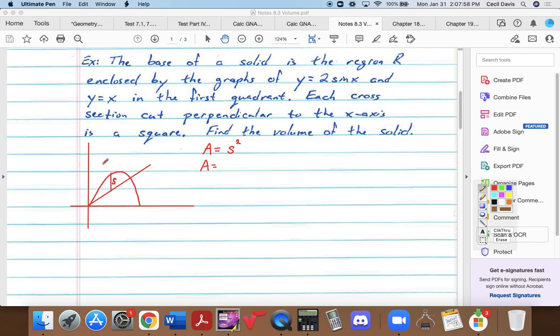Well, the upper curve is y equals 2 sine of x, and the lower curve is y equals x. So that means s is just upper curve minus lower curve. So the area in terms of x is going to be (2 sine of x minus x) quantity squared.